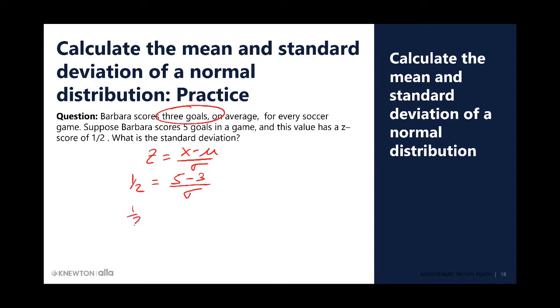So we have 1/2 is equal to 5 minus 3, which is 2, over the standard deviation. And to go from here, I'm going to multiply both sides of my equation by that standard deviation because I'm trying to get rid of any fractions.